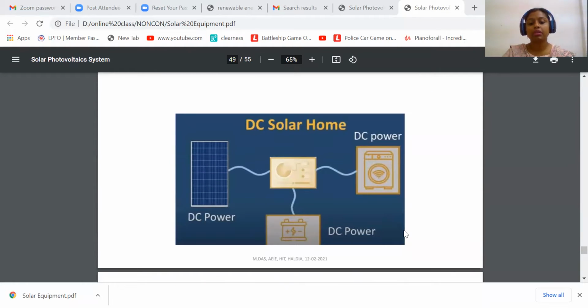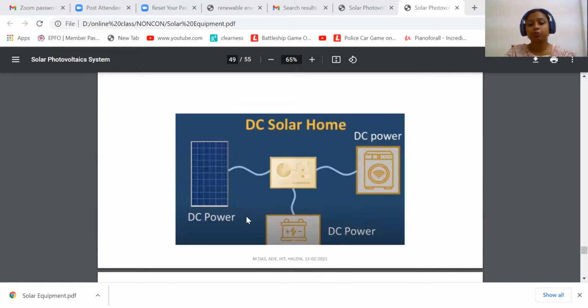So this is a typical block diagram of a DC solar system, where DC loads are there, and this is the charge controller that we are using. To the charge controller, we connect the battery as well as the solar panel.